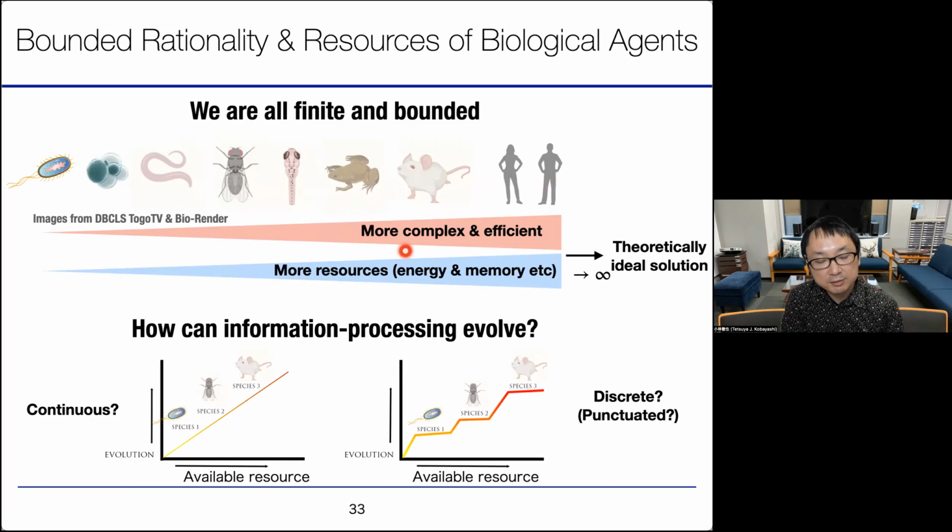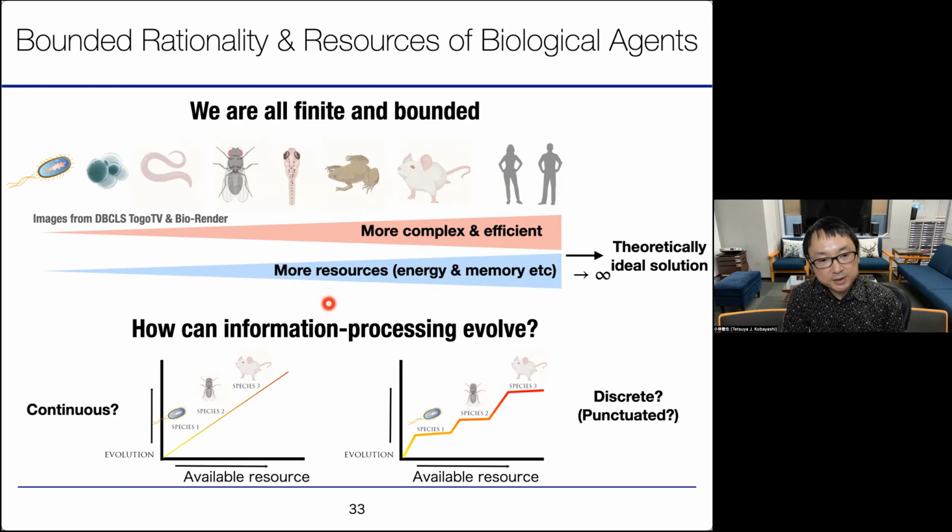Of course, if more resources are available, then more complicated and efficient information processing seems to be realized, like in the case of our brain. So the conventional theory considers only the ideal case, where available resource is almost infinite.